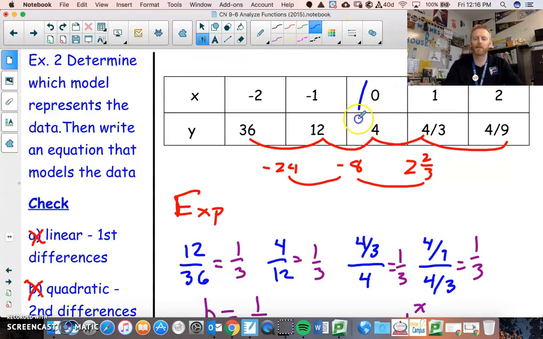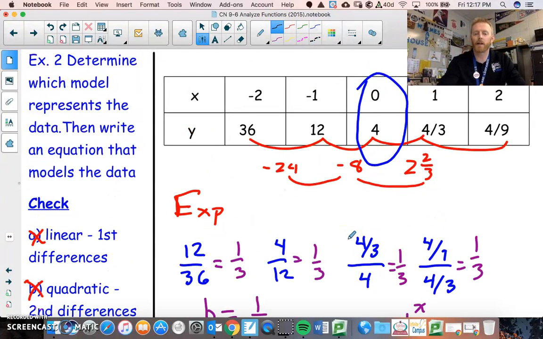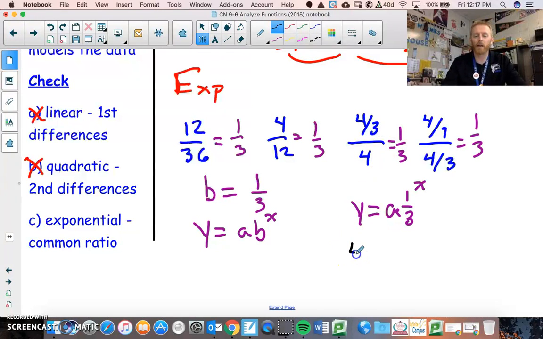So again, I like choosing the 0 one because as soon as I have something to the 0 power, this math is going to go a lot faster. So if I plug in a 0 and a 4, y is equal to 4, and then a times 1/3 to the 0 power.